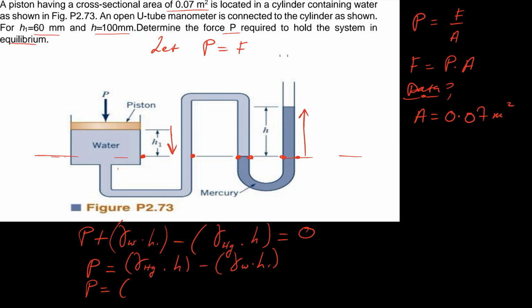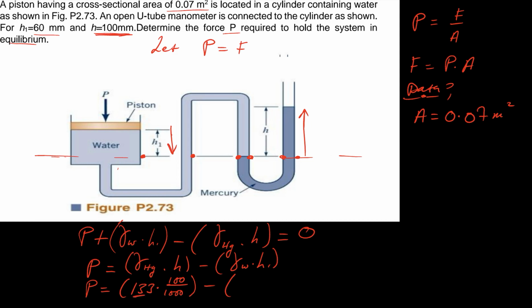If we look at the specific weight of mercury, remember, you don't really have to be a genius to know this. It will always be given. Check the table always if you need to determine this, but as you solve questions on and on, you get to remember these values. So the specific weight of mercury is 133 kilonewtons per meter cubed, times the height, which in context for mercury is 100, so we're saying 100 divided by 1000, then minus the specific weight of water.